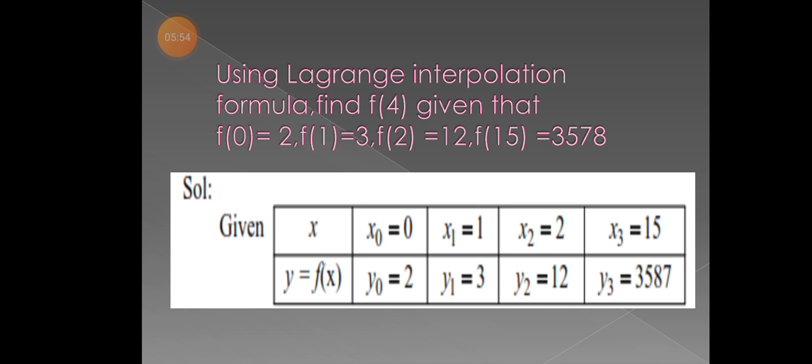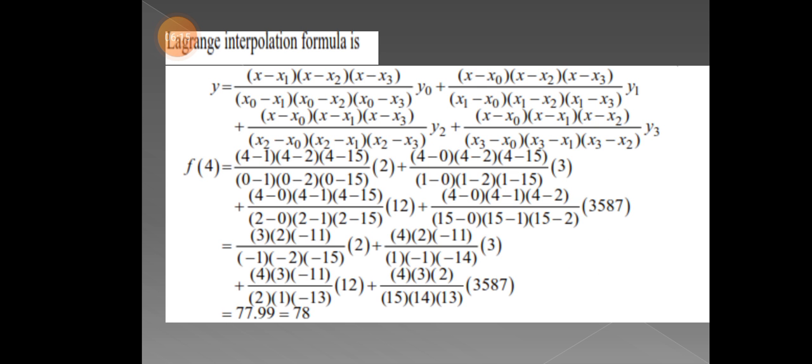So f of 0 equal to 2 means y0 equal to 2. Then f of 1 means y1 equal to 3. F of 2 means y2 equal to 12. And f of 15 means y3 is equal to 3578. Next, Lagrange's interpolation formula. Here the formula has been displayed.